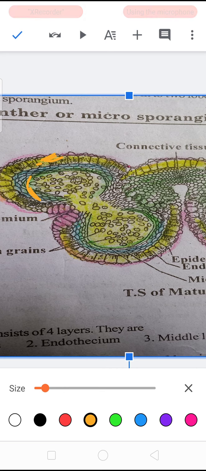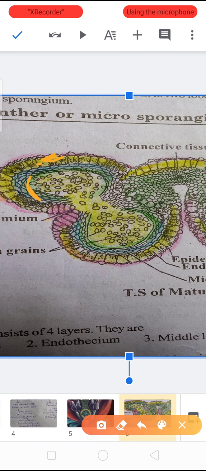These middle layers degenerate by the time meiosis takes place in the microspore mother cell.